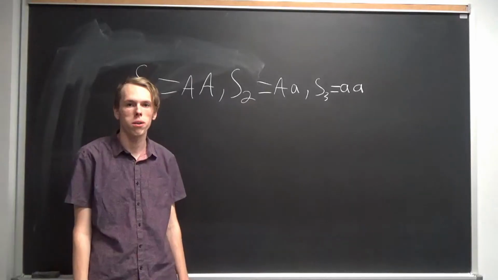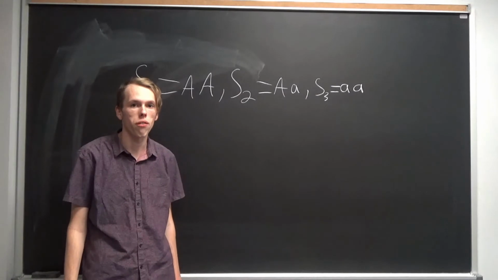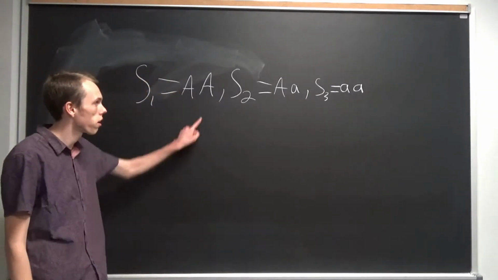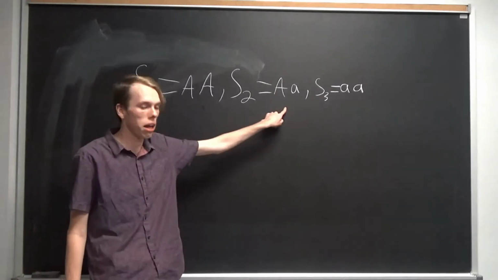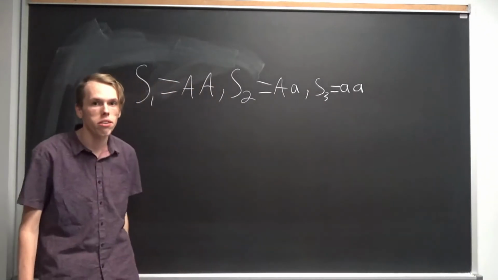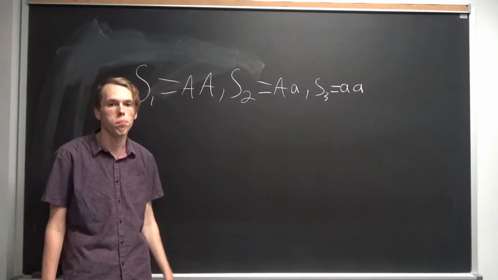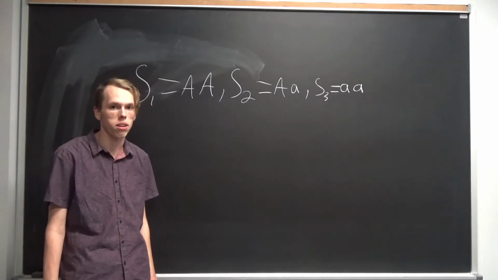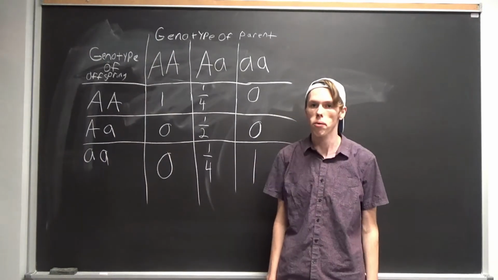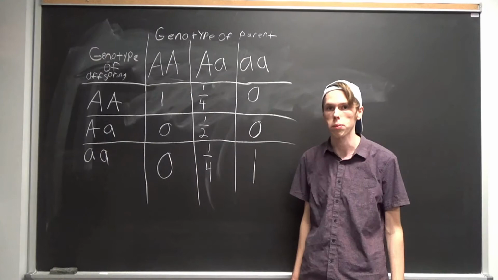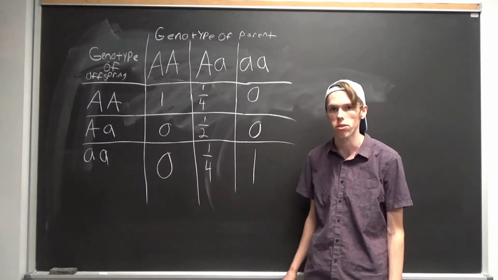We're good. Consider the case of a self-fertilizing plant. In this case, our Markov chain has three states: capital A capital A, capital A lowercase a, and lowercase a lowercase a. In self-fertilization, each offspring inherits both alleles from one parent, which is similar to autosomal inheritance, where both parents have the same genotype. Thus, our probability table looks like this, derived from the autosomal probability table where both parents have the same genes.